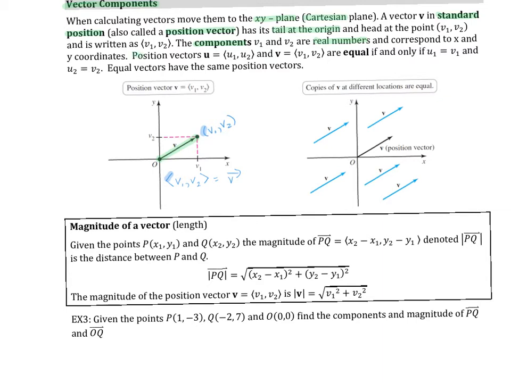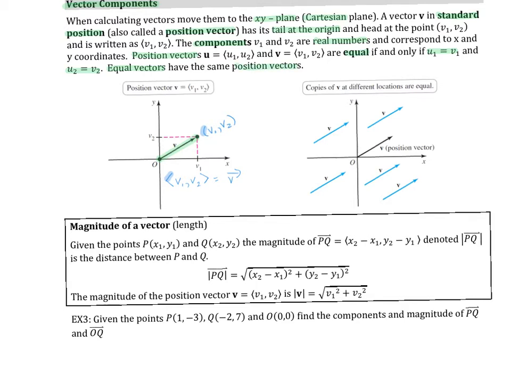So if we have, and this is position vectors only, 2 position vectors and they're equal, what that means is their components have to be equal. However, and this would be our second diagram, when we talk about equal vectors in general, if vectors are equal, they would have to be equal to the same position vector.